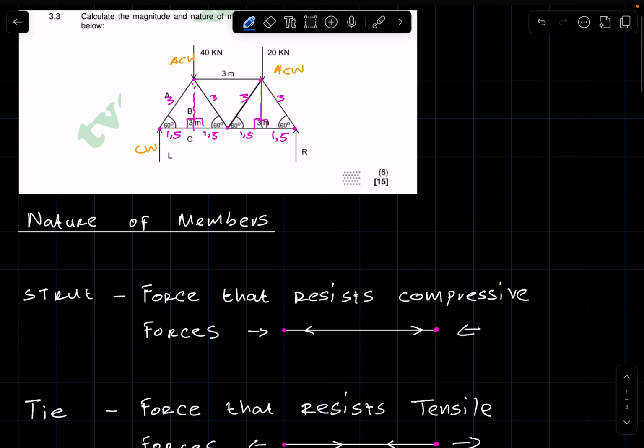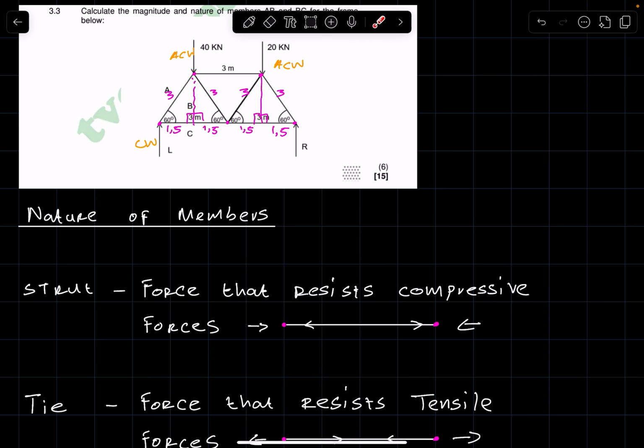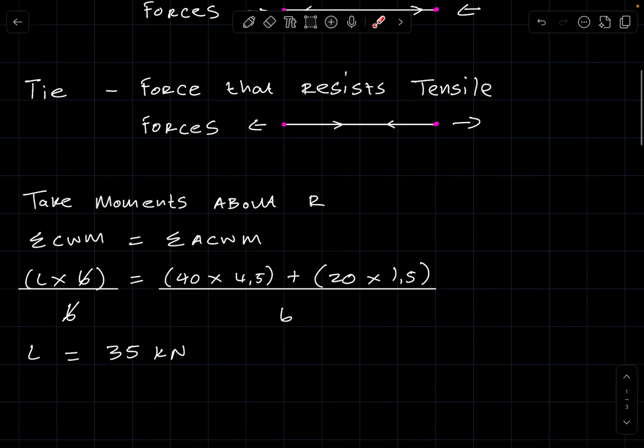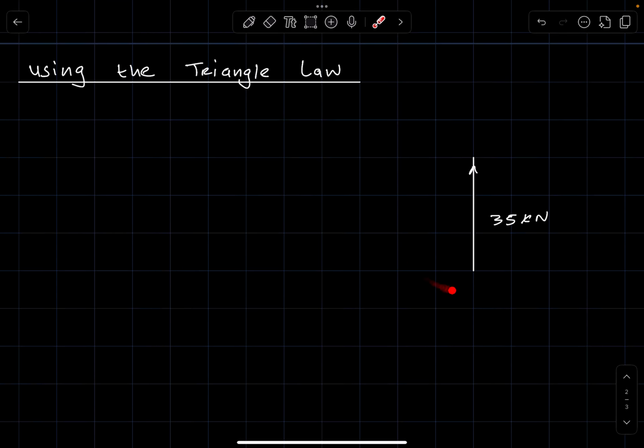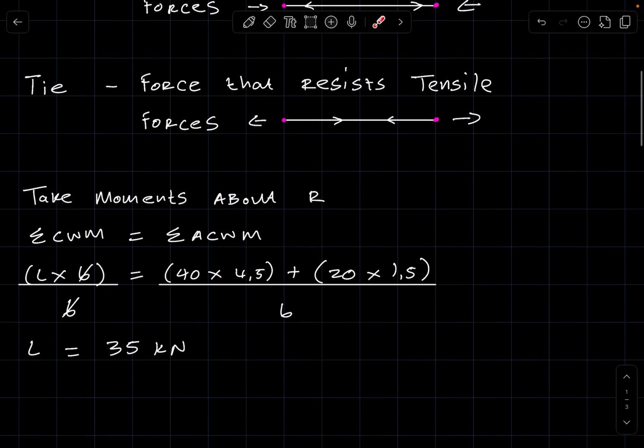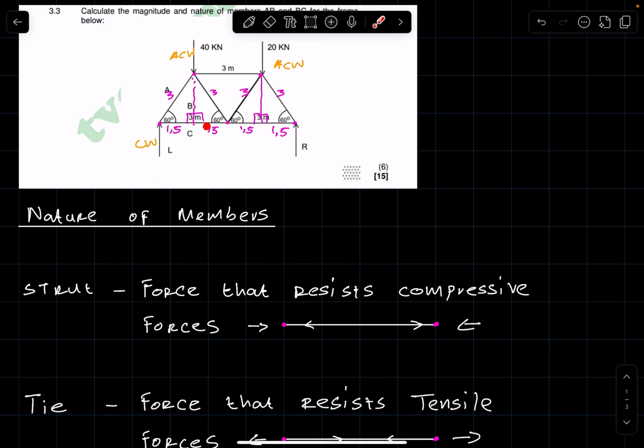Now the other 2 members, member AB and member BC, are forming an angle of 60 degrees with one another. So all we do here in completing this triangle is make certain that member AB and BC are forming an angle of 60 degrees.